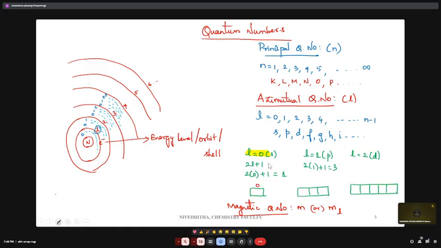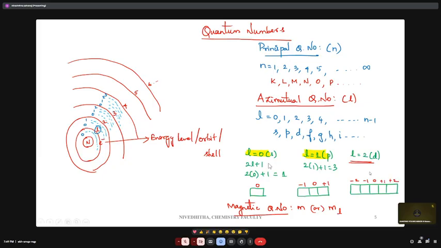Here I have the L equals 1 subshell and I have 3 orbitals, so the numbers are -1, 0, +1. In the L equals 2 subshell, we have 5 orbitals, so the numbers are -2, -1, 0, +1 and +2.